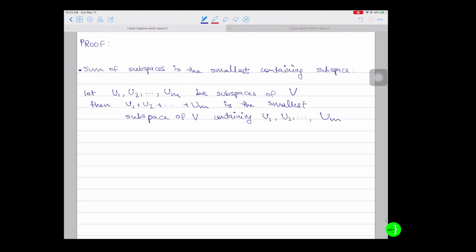And one thing that you can easily see is that 0 will be a part of the sum. We know that since each ui is a subspace, where i is between 1 to m, for a set to be a subspace, 0 should be a part of the set. So if we add all the zeros from all the subspaces, this holds true: 0 is an element of the sum of all the subspaces.